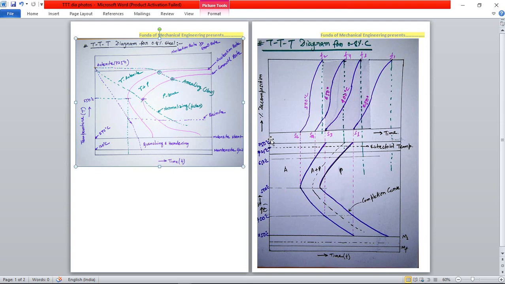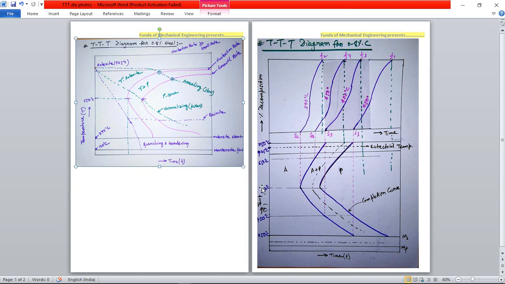This is done by plotting the length of time corresponding to the beginning and end of the austenite decomposition. So this is the beginning of the decomposition, this is the end of the decomposition, and temperature along the axis of the ordinate. So this is the ordinate and temperature is along the axis of the ordinate.